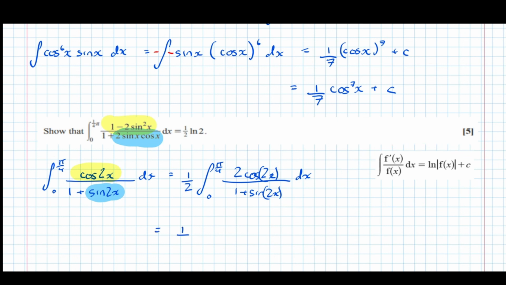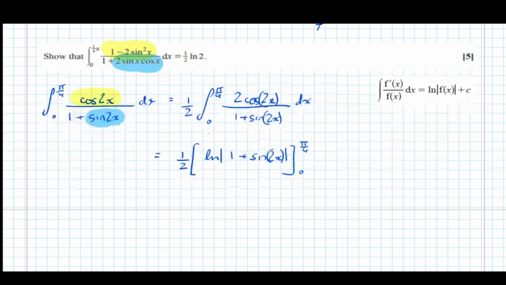So equals a half, and that becomes log f of x, so log mod 1 plus sine of 2x between pi over 4 and 0.